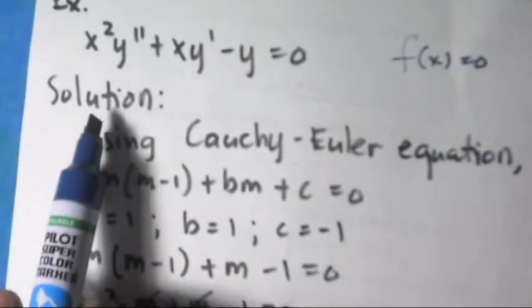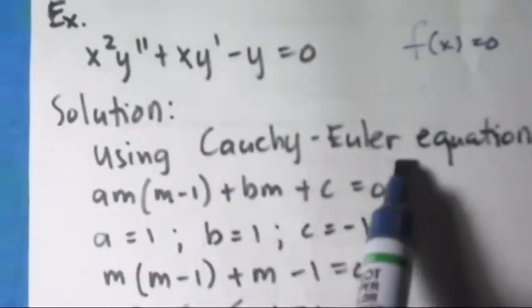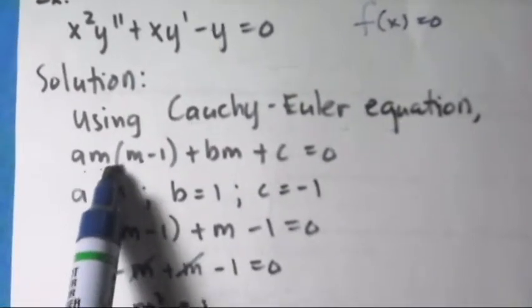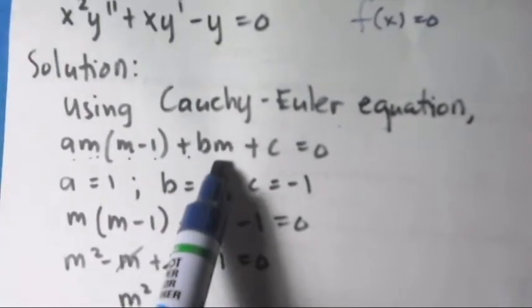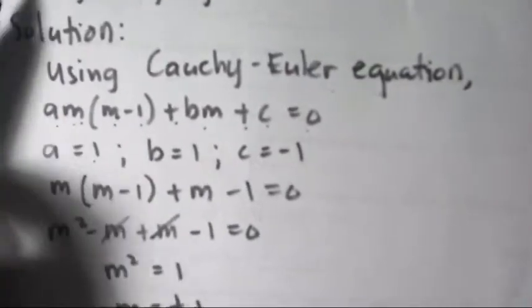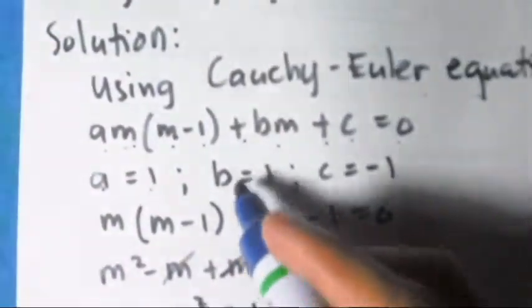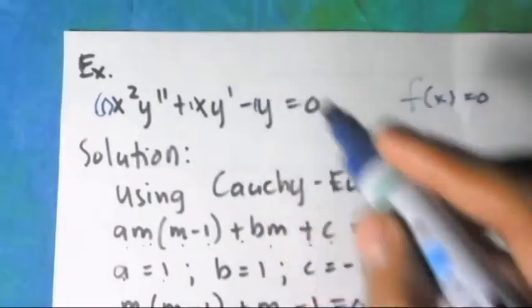And therefore, we now go to our solution, with our auxiliary equation a m times (m minus 1) plus bm plus c. And by looking at the above equation, we have the value of a as 1, the value of b also 1, and the value of c is negative 1.